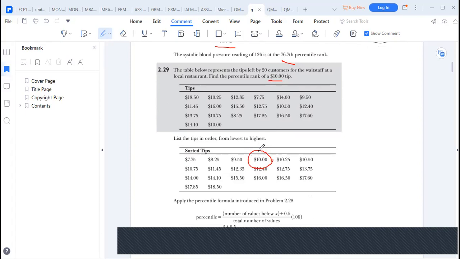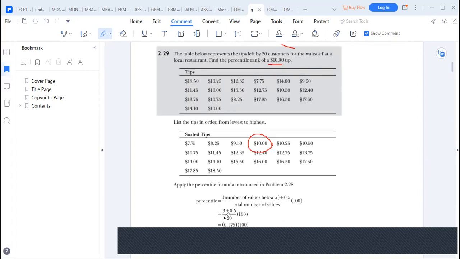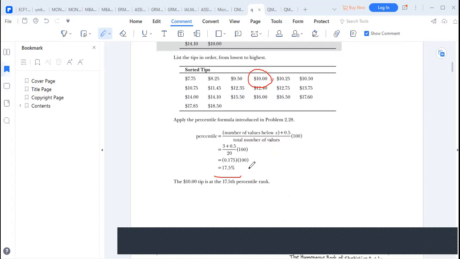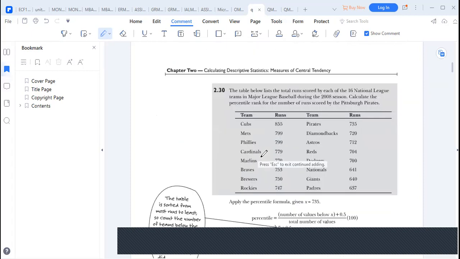Already it's an even number. So how many numbers are before this one? Yeah, 1, 2, 3. All right. So we're going to write 3 over the total, which is 20 plus 0.5 times 100. So which is giving us 17.5%. Okay. So the $10 tip is giving us 17.5% as our rank.